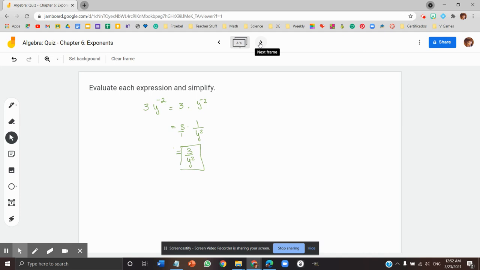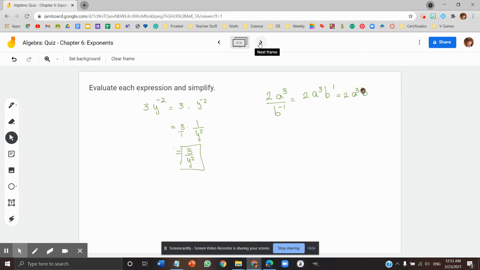Now, what if I have something like this? 2a to the 3 over b to the negative 1. Again, the 2 and the a to the 3 are already positive, so they can stay on the top of that fraction bar. And for me to change that b to the negative 1, all I have to do is send it to the top to make it positive. And anything to the 1 power is the same as that. So I'm going to have 2, a to the 3, and b.